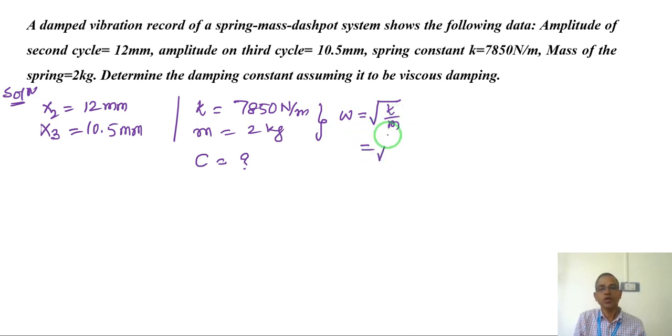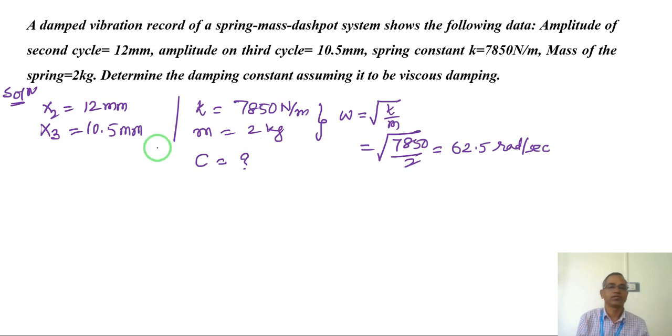So this gives me the square root of 7850 by 2, which gives a frequency of 62.5 radians per second.